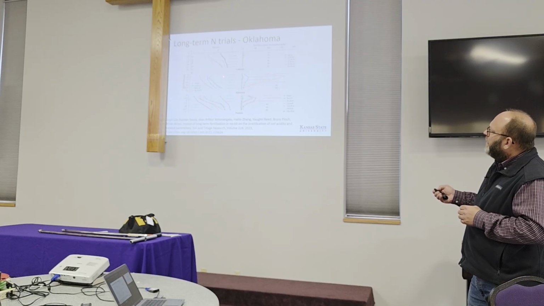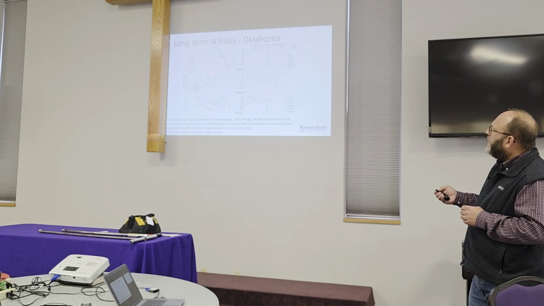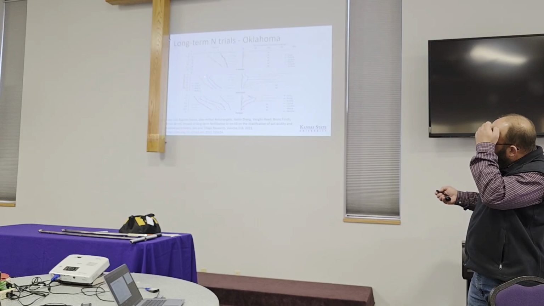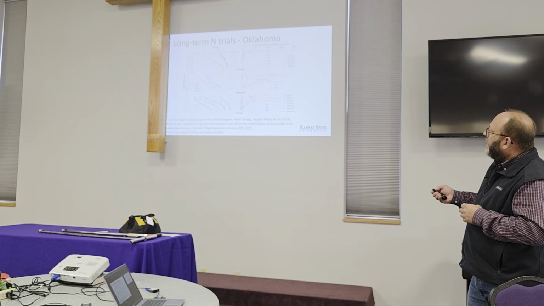Still, this is based on the soil at that location. The 0N starts off seeing kind of a more acidic condition to begin with. We still see that stratification with depth. But as they've added nitrogen, we're down into the mid-4s at those higher N rates.